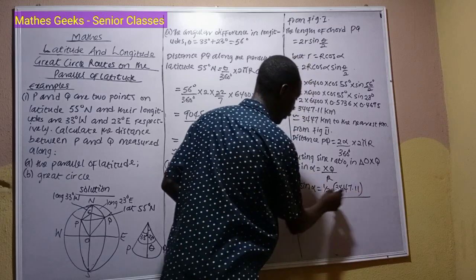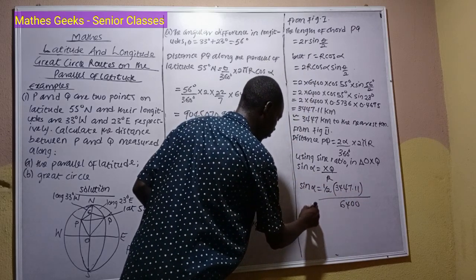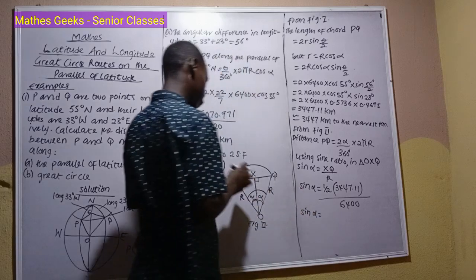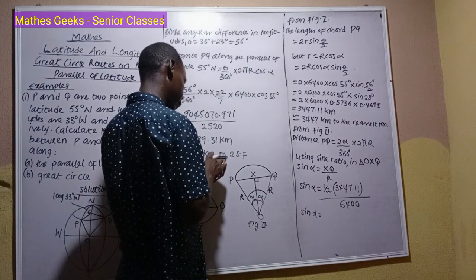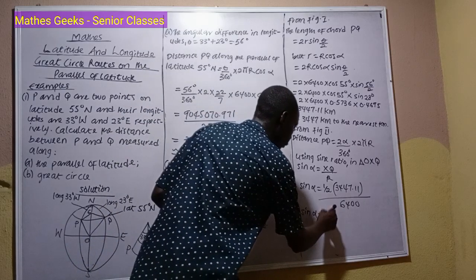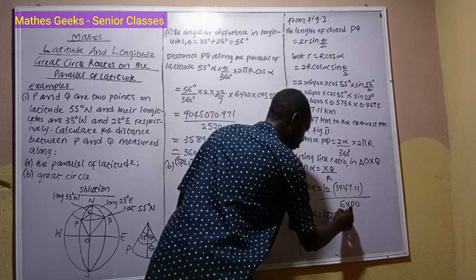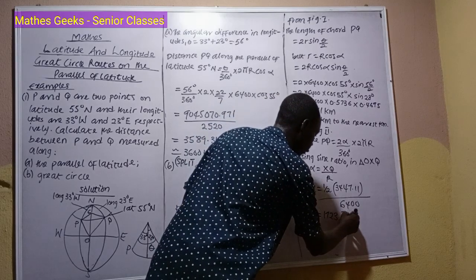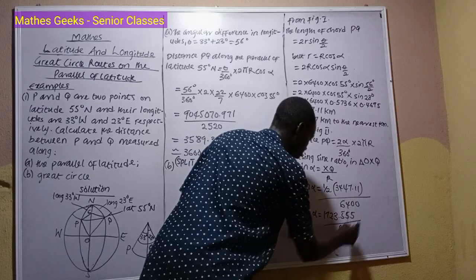Sine alpha is equal to 3447.11 divided by 2, which gives 1722.55, divided by 6,400.